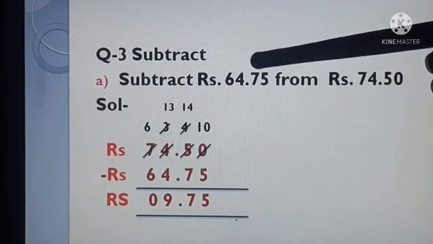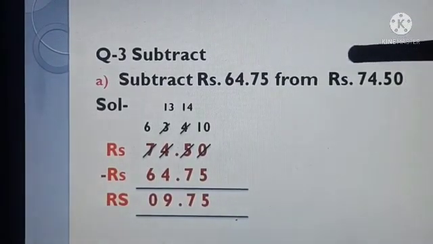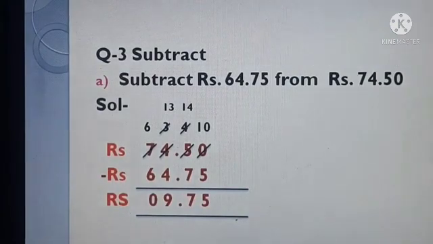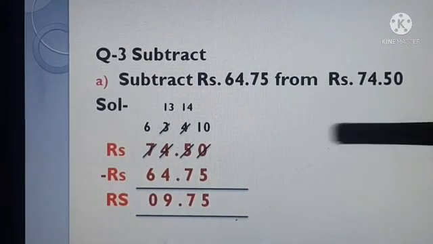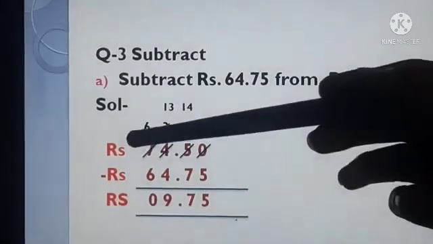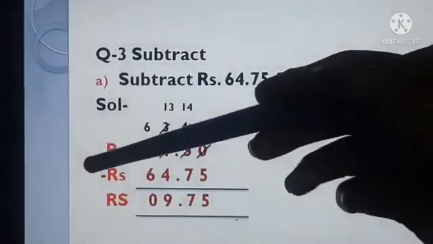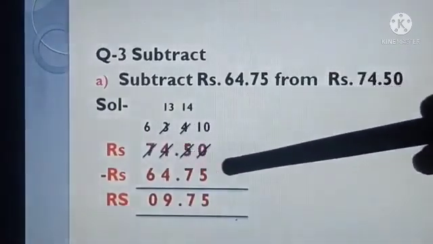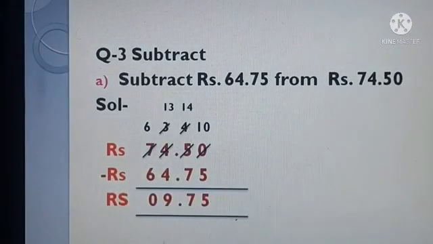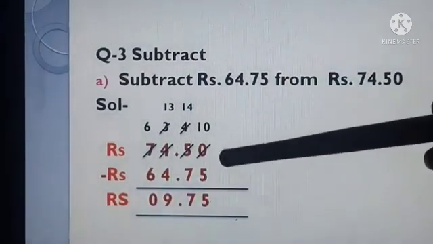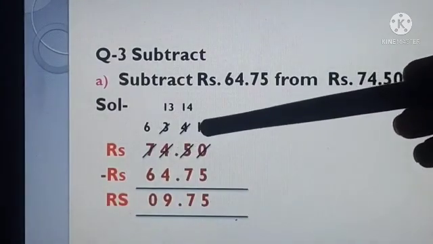Subtract rupees 64.75 from rupees 74.50. So in the solution we will write down the unit carefully: rupees 74.50 minus rupees 64.75. Now 0 minus 5, not possible, so 0 will take a borrow.